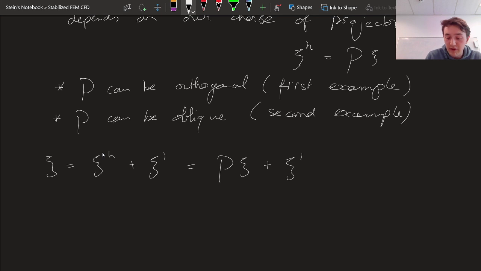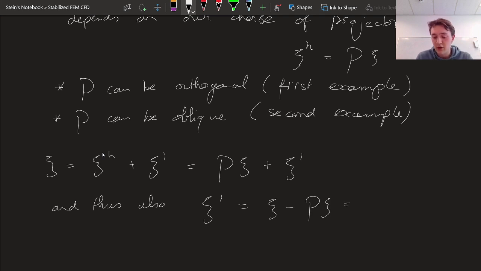And thus we also have an exact definition of psi prime: psi prime as psi minus P of psi. We often write that as the identity operator on psi minus the projection operator on psi, or the operator is I minus the projector times psi. It's an equivalent way of writing.